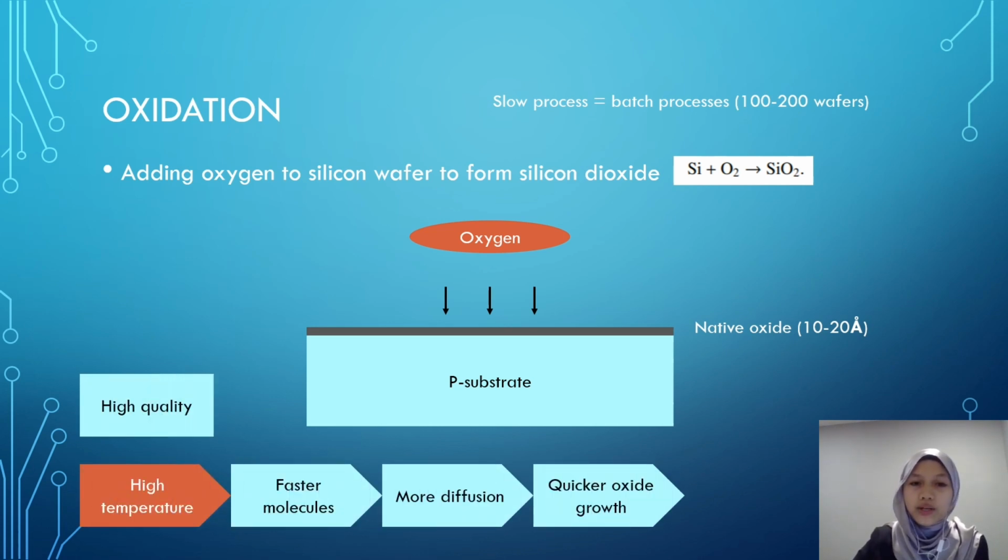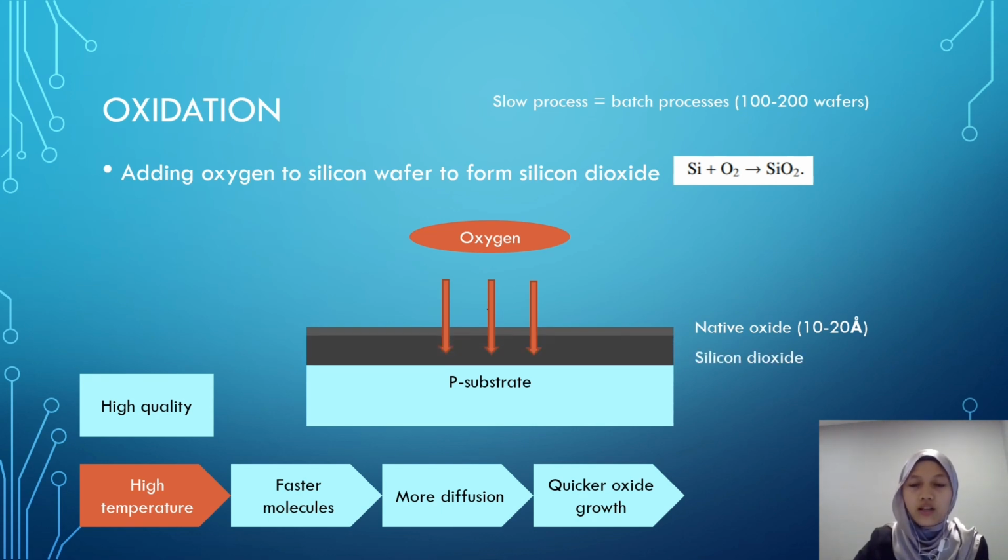Higher temperature must be applied to make the oxygen molecules move faster for more diffusion. So, the oxygen will penetrate through the native oxide and into the silicon, which allows for further oxidation. Thus, the silicon dioxide grows into the silicon even more. With higher temperature, we have quicker oxide growth and higher quality oxide.